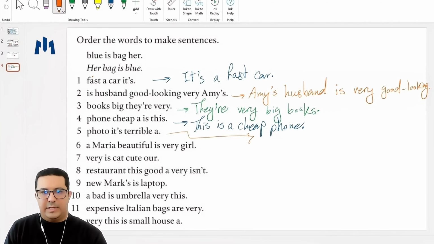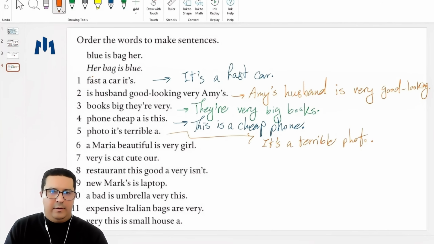A photo, it's a terrible, okay? It's a terrible photo. It's a terrible photo. So for number 6 to 10, I think you can do it by yourself as a piece of homework.